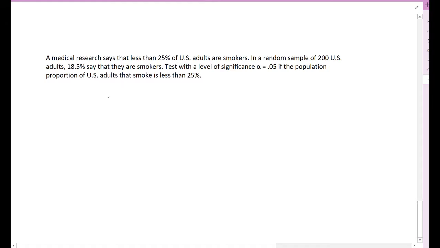We need to first write the hypotheses. Well, we are testing the claim that the population proportion is less than 0.25. Always write percents as decimals. Otherwise, we're going to let p equal 0.25 to give us the null hypothesis.